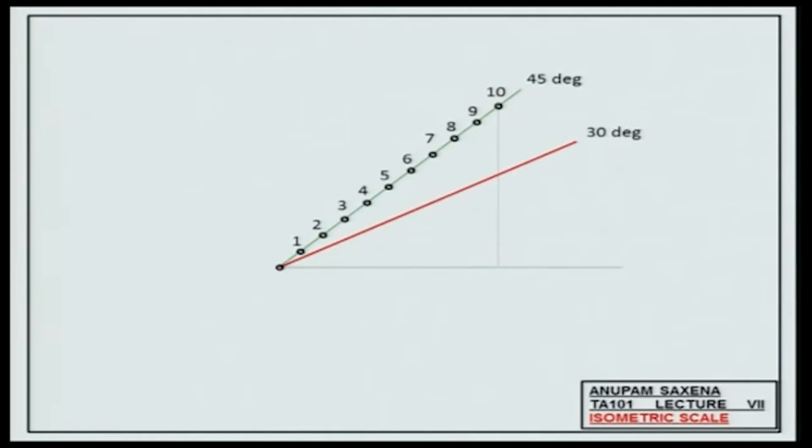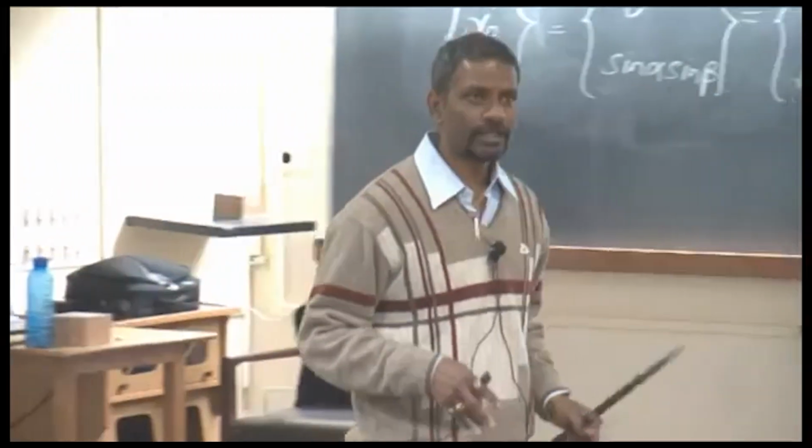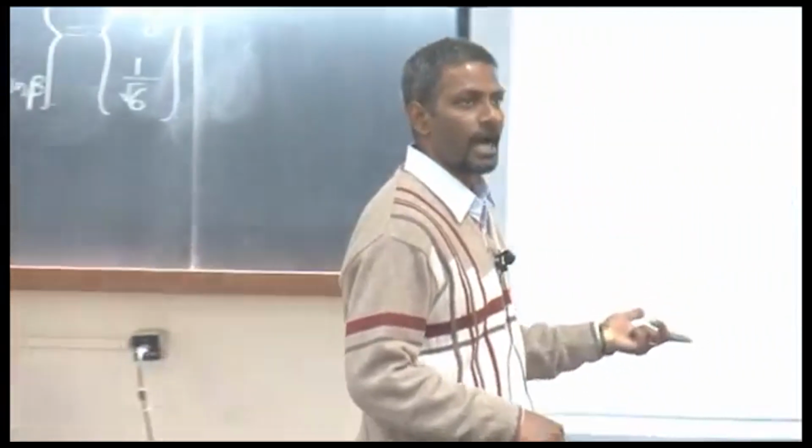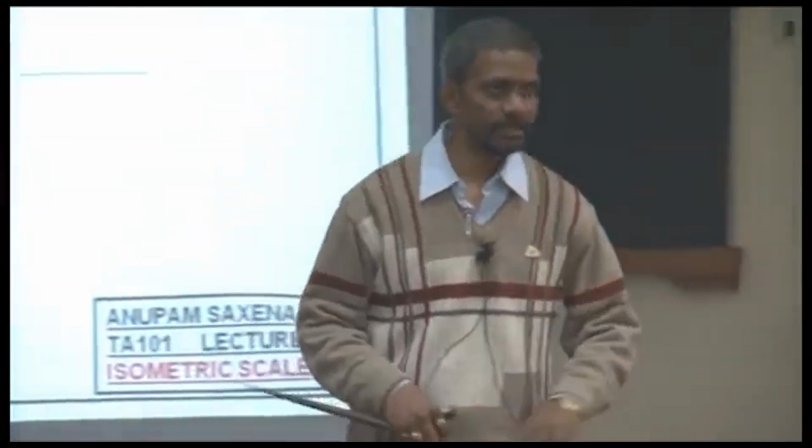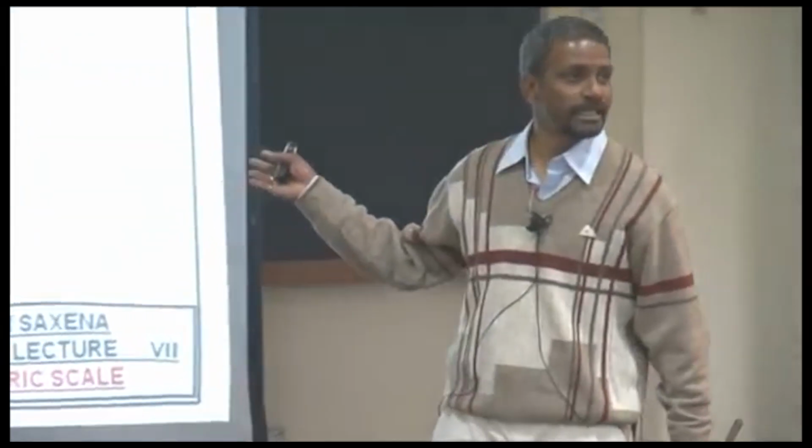As far as TA 101 is concerned, you don't need to worry about the math that we had done. What you need to worry about is how to draw the x, y and z axis on your sheet and how to come up with the isometric scaling.